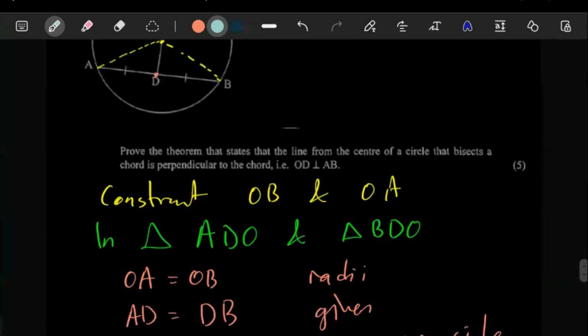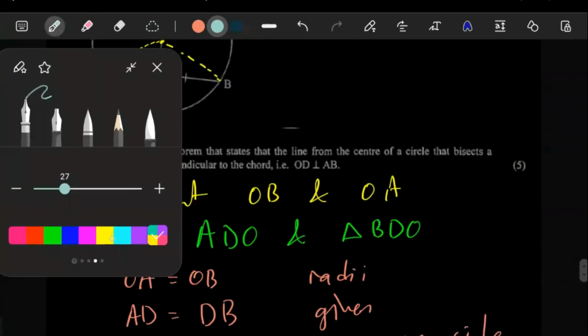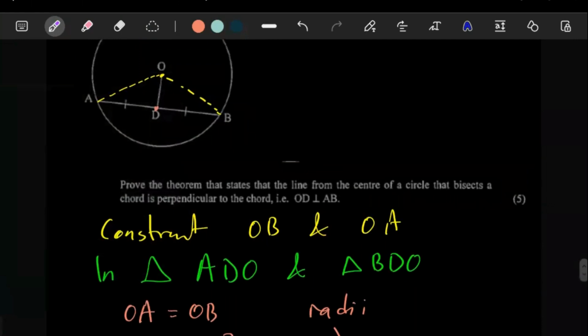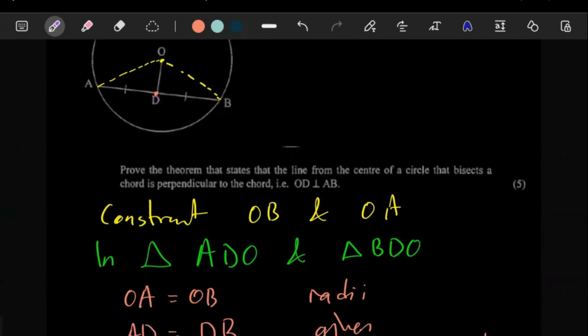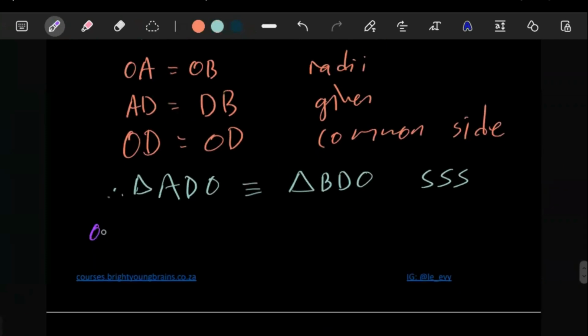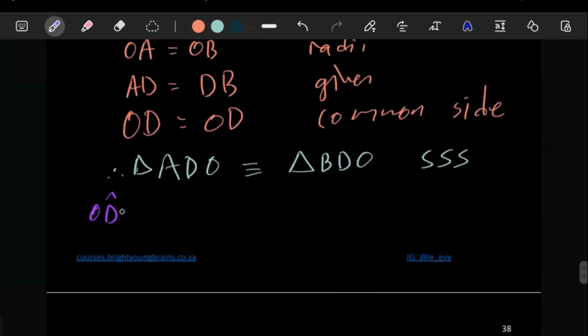So because they are identical, you can safely say that therefore ODA is equal to ODB. So if they're equal, then you can say 180 divided by 2 is equal to 90. So here let's say ODA is equal to ODB.